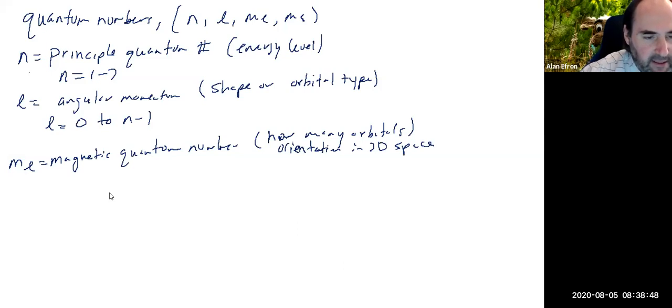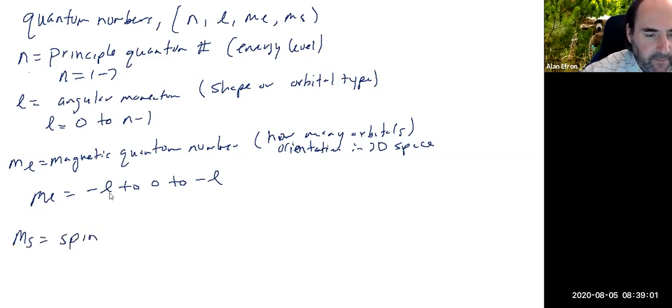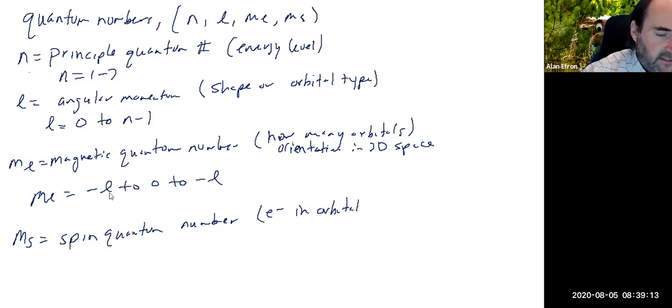And M sub L could go from minus L to 0 to plus L. And the last quantum number is M sub S, which is our spin quantum number. And that's basically the electrons in an orbital. They do need to have opposite spins, as we talked about, and it could be plus or minus a half.